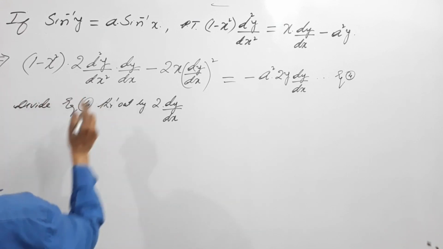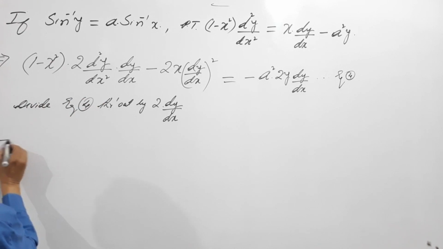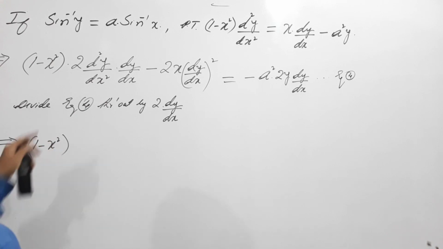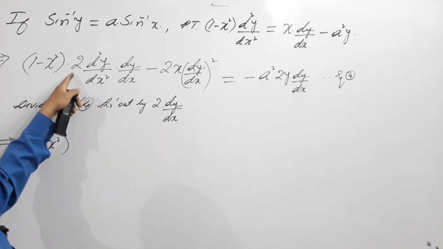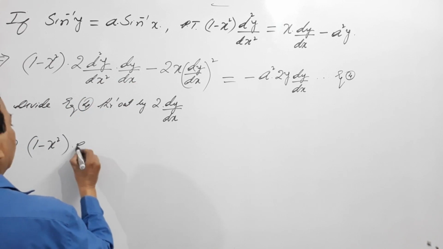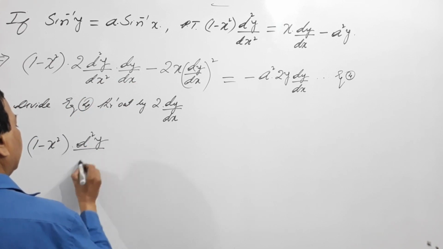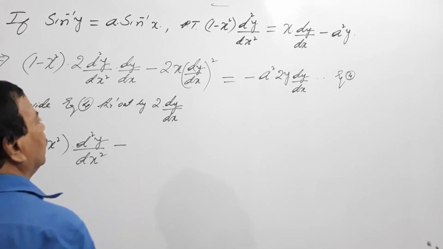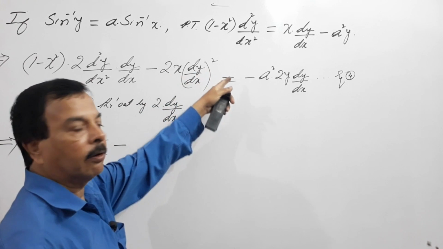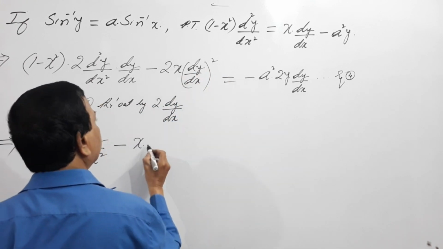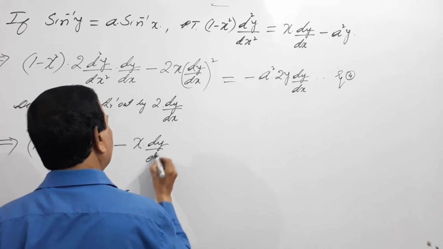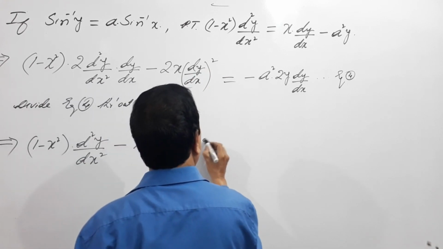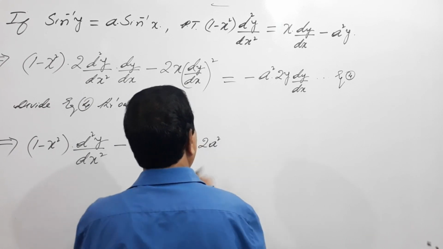So here, one minus x square. If you divide by 2 dy by dx, this and this cancel. You are left with d square y by dx square, minus 2 is gone, 1 dy by dx is gone out of this. So this becomes x into dy by dx equals to 2. Here 2 also is gone.